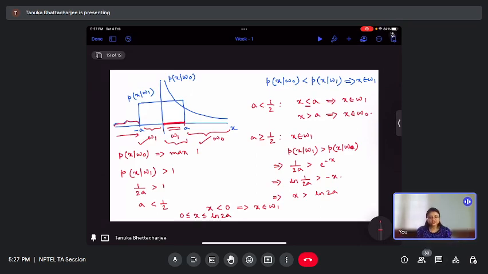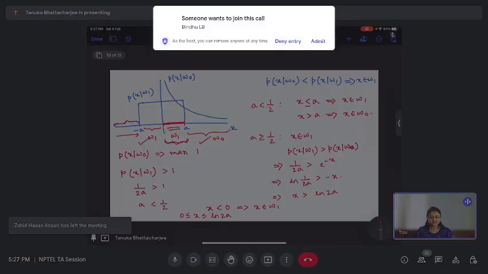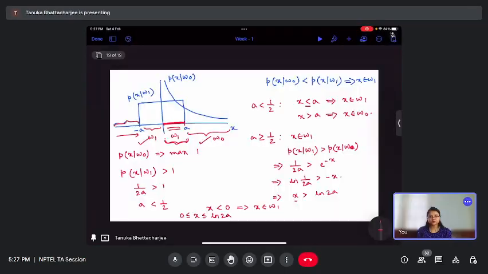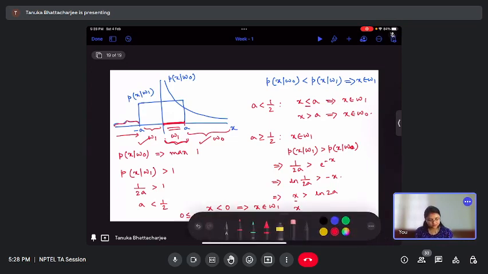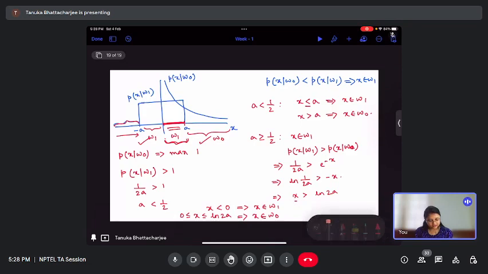So, we saw that in this particular region which we are now concerned with after 0, if x is greater than ln of 2a, you will put it in class omega 1. When it is less than ln of 2a, you will put it in class omega 0. Now, when your x is greater than ln of 2a, take x till the point a.